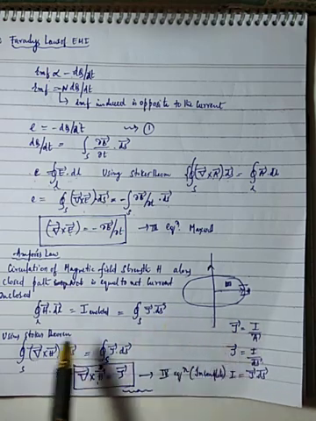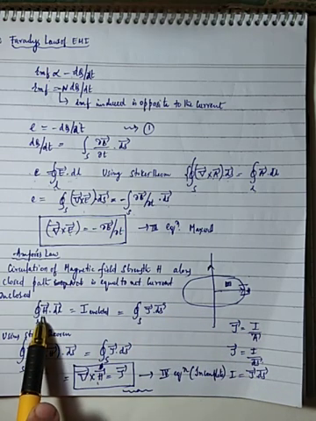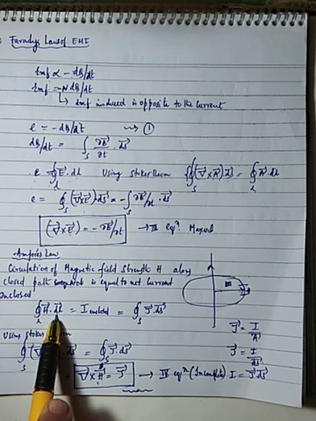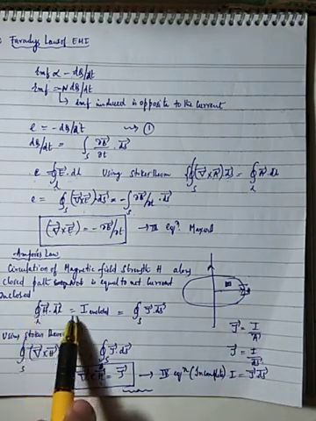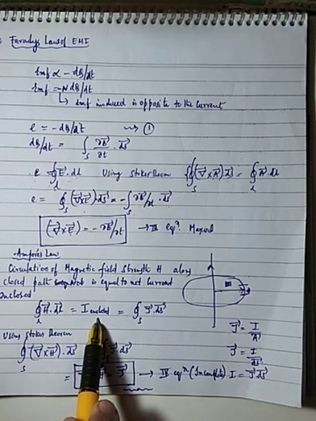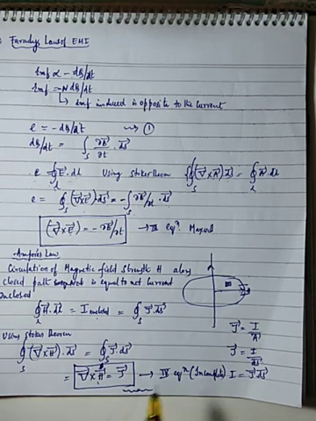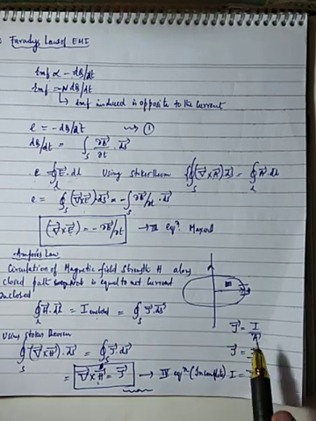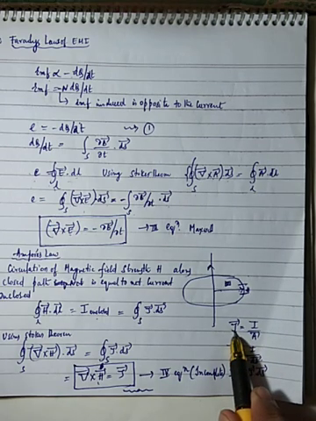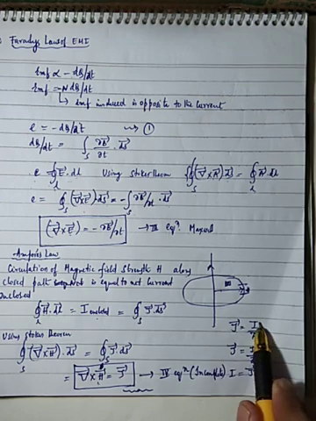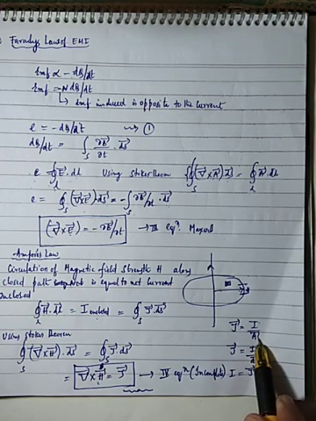So put mathematically, the circulation of the magnetic field, if dl is the small element, the line integral around this will be equal to I enclosed. But remember, we defined in class something called current density. What is current density? Current per unit area.